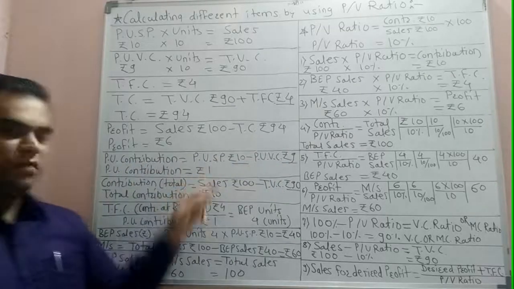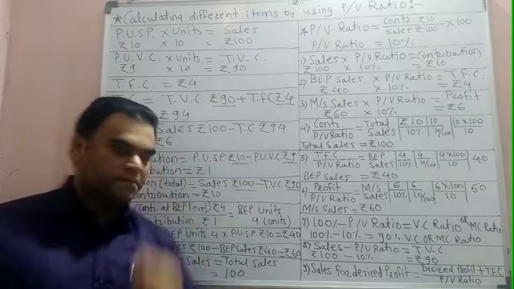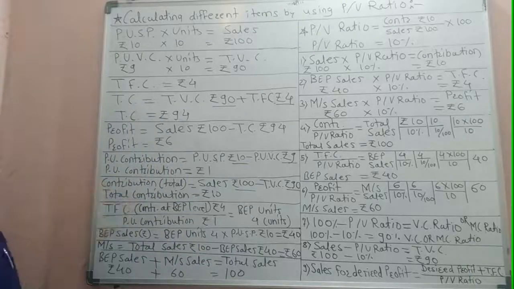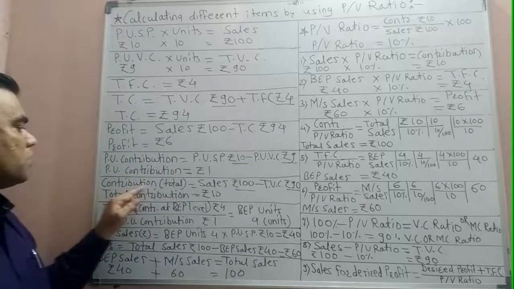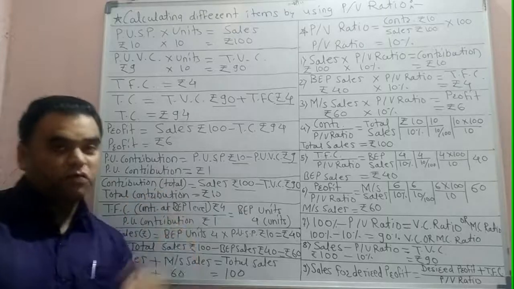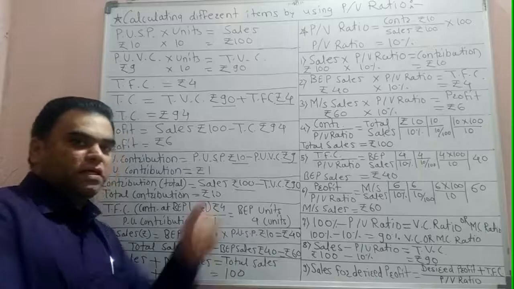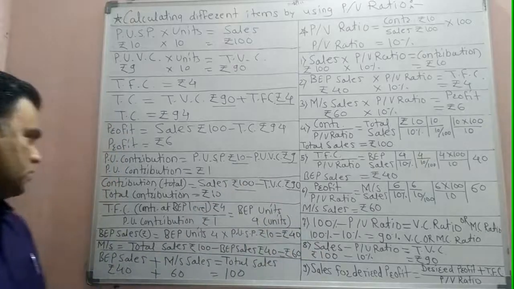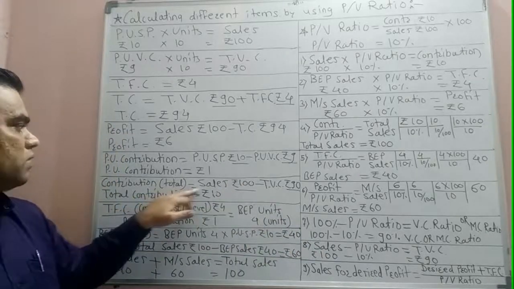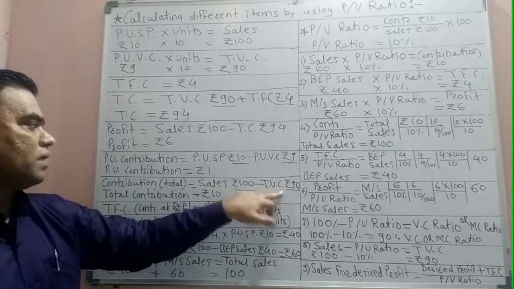Per unit contribution will be rupee 1. Next, what will be the total contribution? Total sales less total variable cost is equal to total contribution.